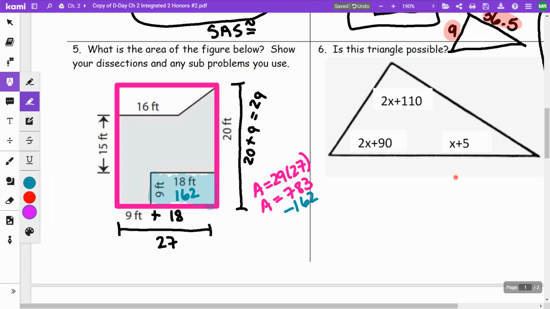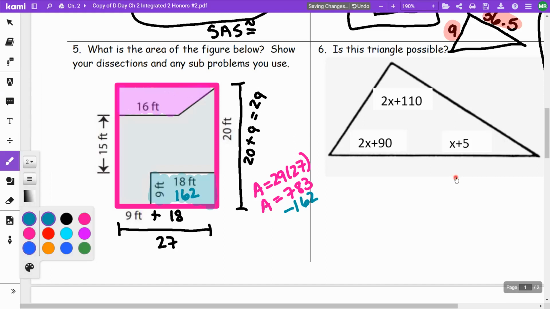And then this trapezoid. I have the base of 16 here. This other base is going to be a 27. I have a 9 here, 15. This has to be a 5 because of the 20 on the other side.